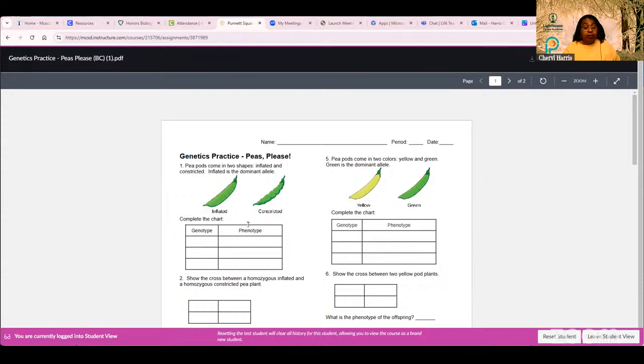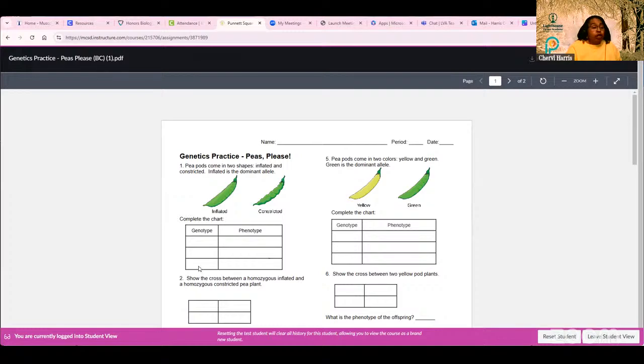And again, for this chart, the possible genotypes for the first one are capital I, capital I, which would be an inflated pea pod. Or I can have capital I, lowercase i, and that's still an inflated pea pod. So your phenotype is inflated pea pod.